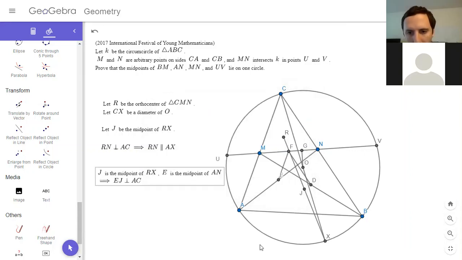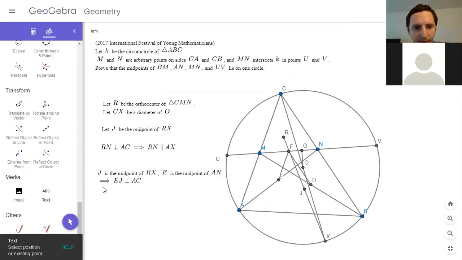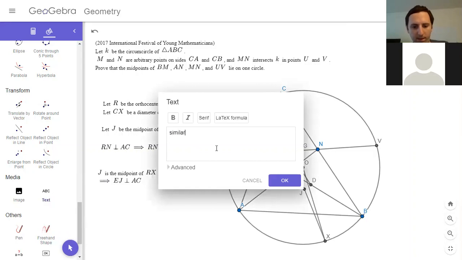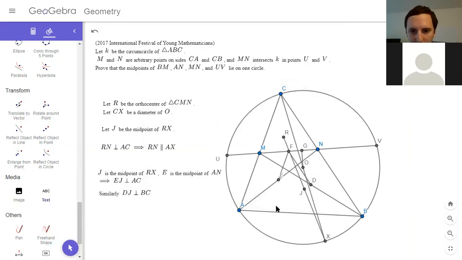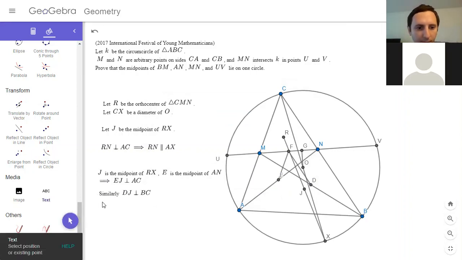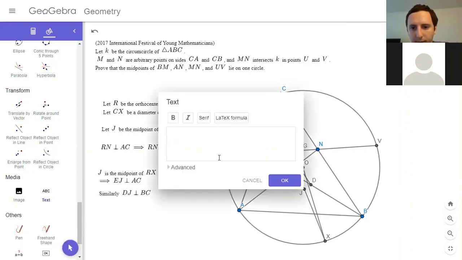And then similarly, DJ is perpendicular to BC. And then we have the parallels, like you mentioned.